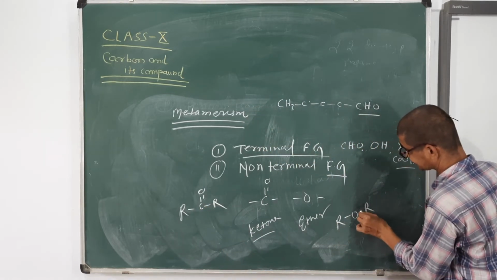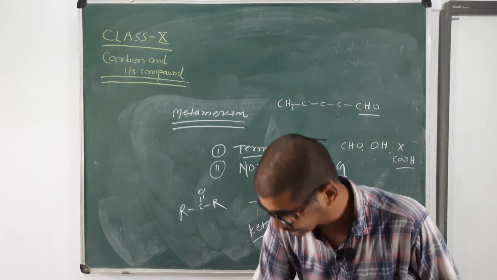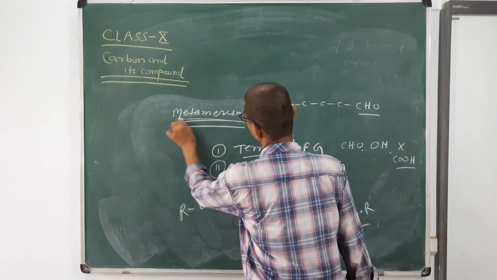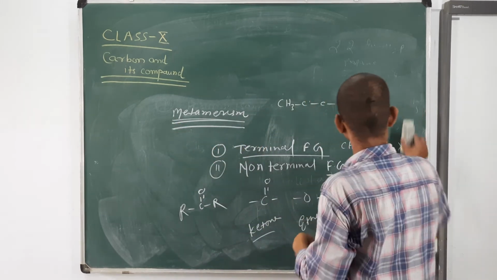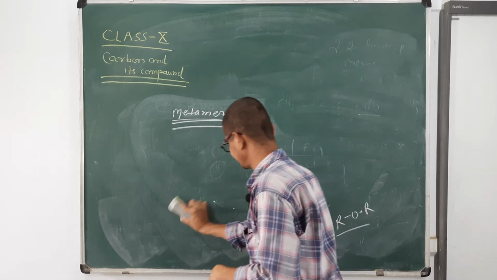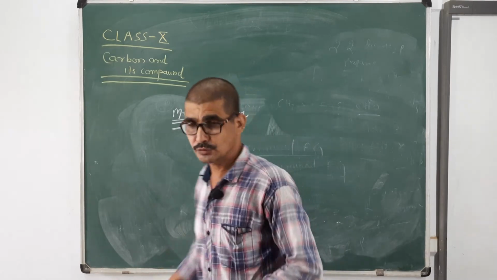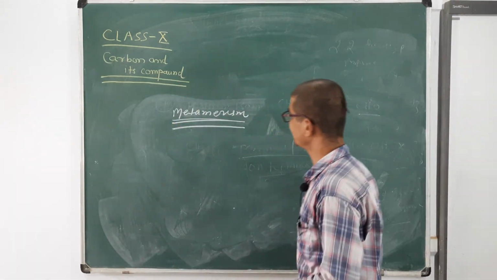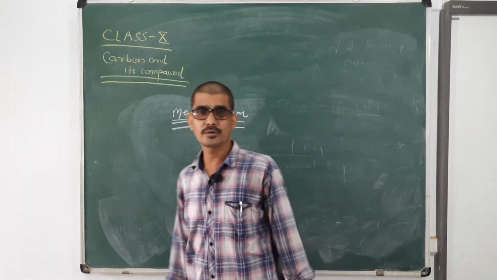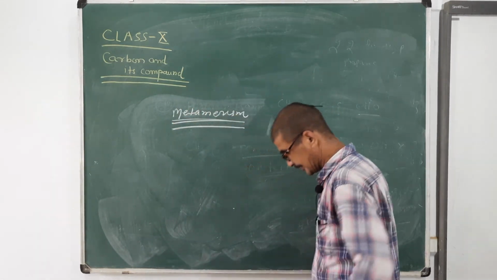So functional groups are two types. Now my topic is metamerism. Compound containing non-terminal functional group shows metamerism. You must remember these things.